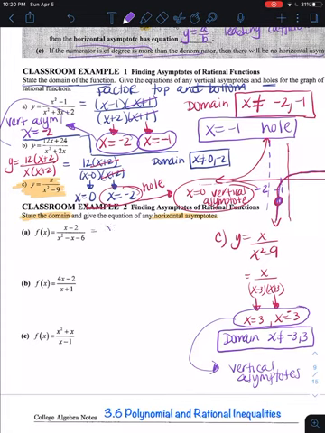The only thing I need to worry about is the bottom. So this is x minus 2 over x minus 3 times x plus 2. When it comes down to the domain, x can't equal 3 and -2. That's the domain.